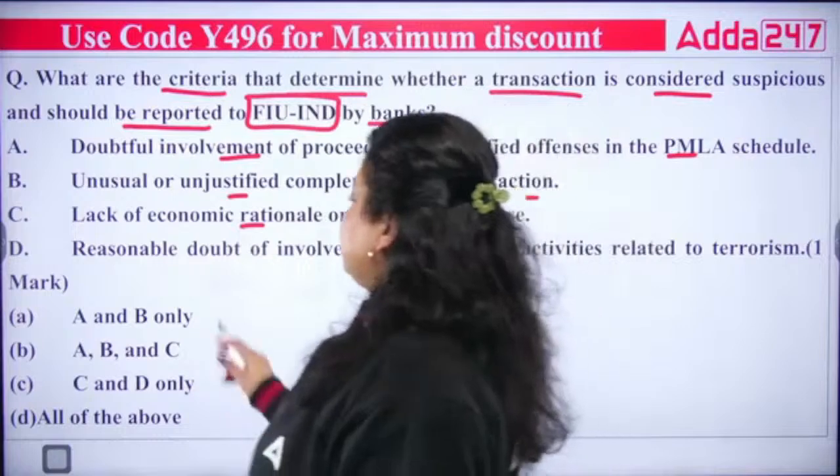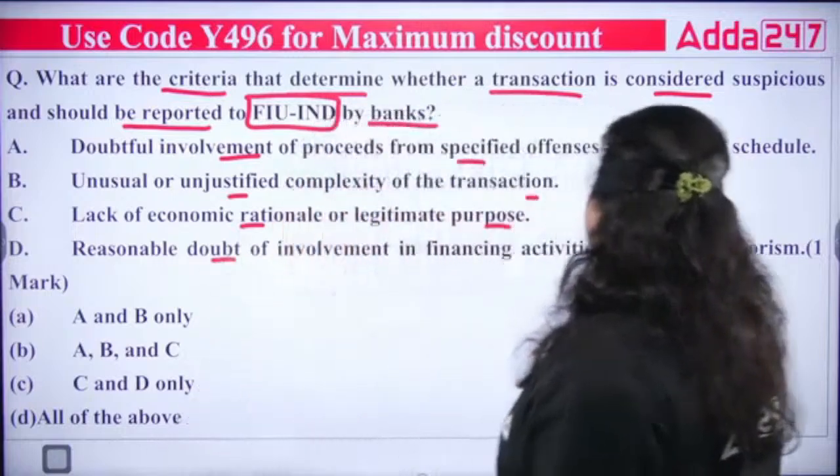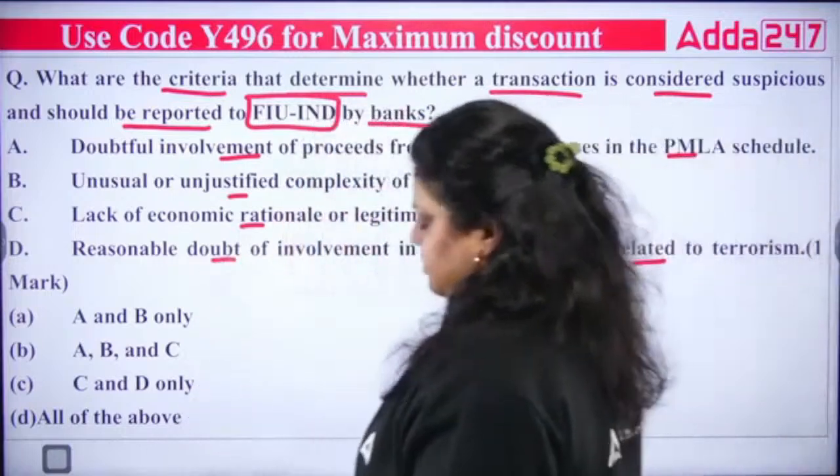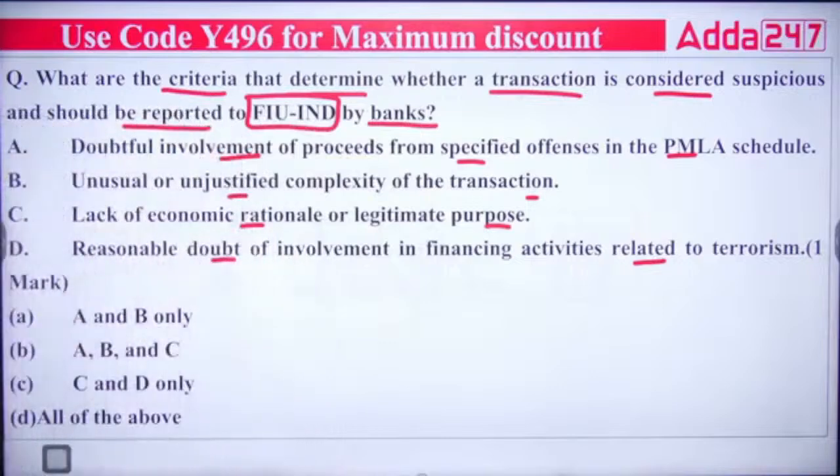Fourth, reasonable doubt of involvement in financing activities related to terrorism. Which of the following is correct, A, B, C or D? Which of the following criteria determines that a transaction will be considered a suspicious transaction and has to be reported to FIUIND?